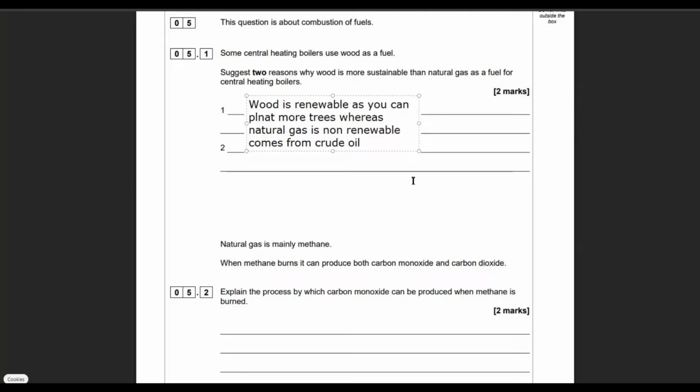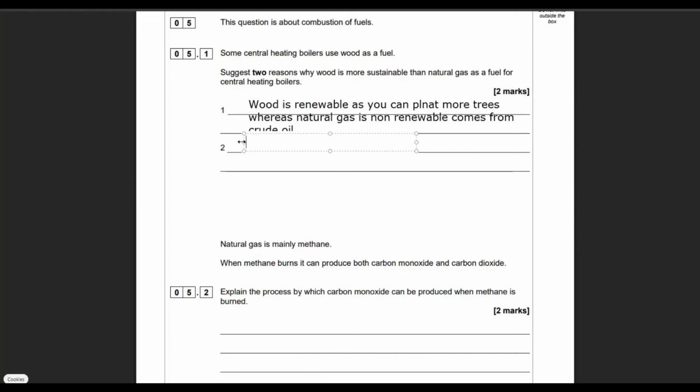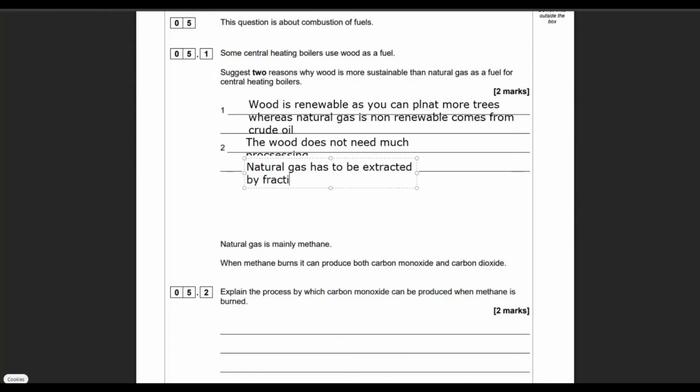Okay, and natural gas, the wood does not need much processing, right? So if you want to make wood ready for burning, you just chop your tree down and you can burn it, basically. The wood doesn't need much processing. What we can say is natural gas has to be extracted by fractional distillation.